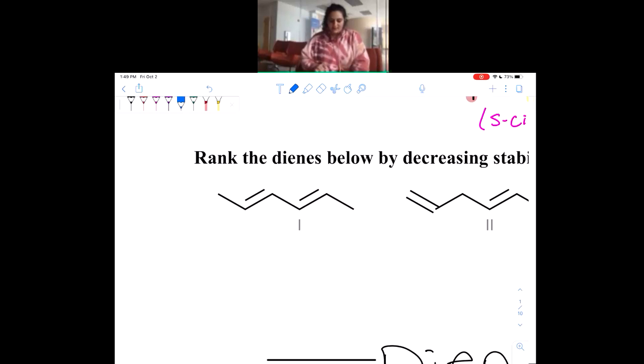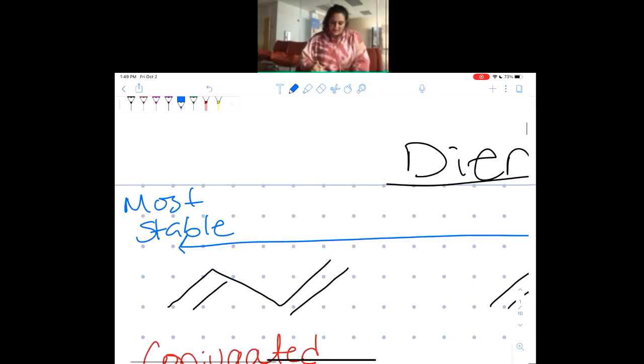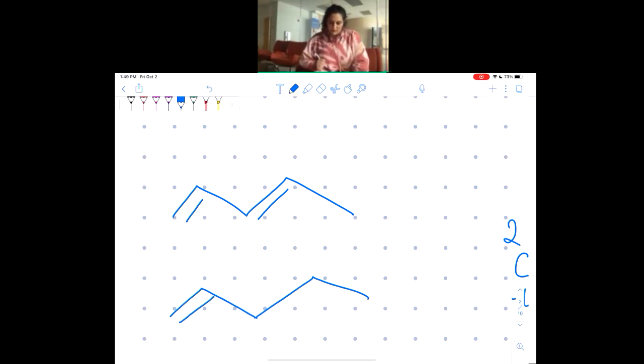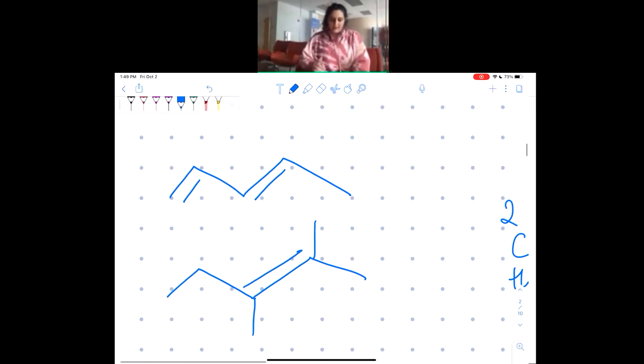So this actually isn't a great example, but let's say I gave you this. Molecule number 1 has a monosubstituted and a disubstituted double bond, and number 2 has a fully substituted double bond.